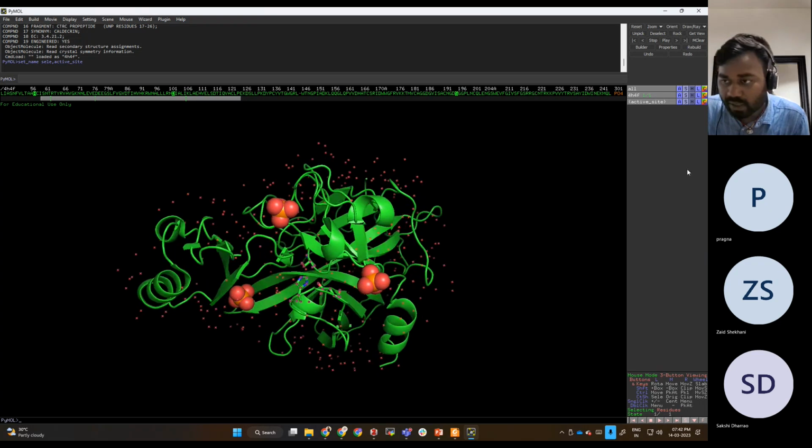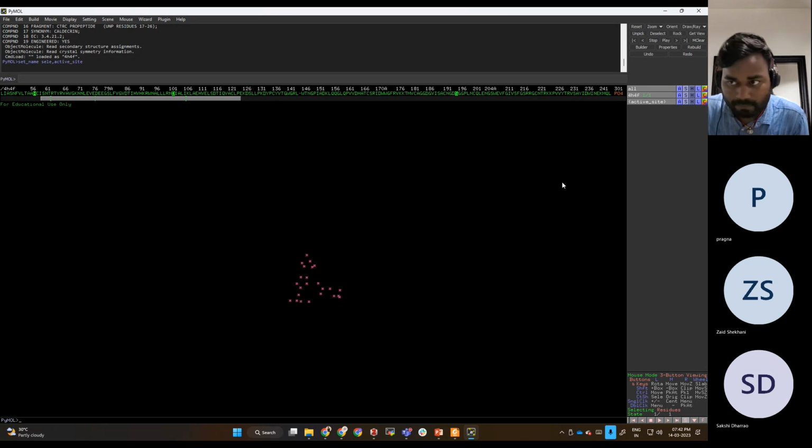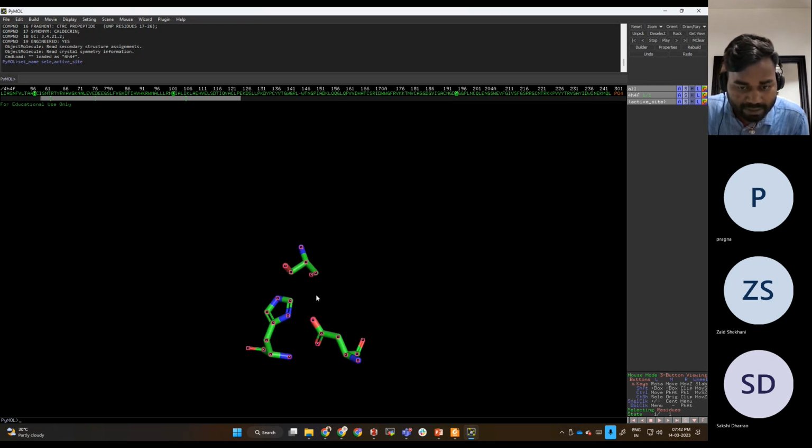We will hide this structure and show this one as sticks. So these are the three amino acids that play an active role in the active site of your chymotrypsin.